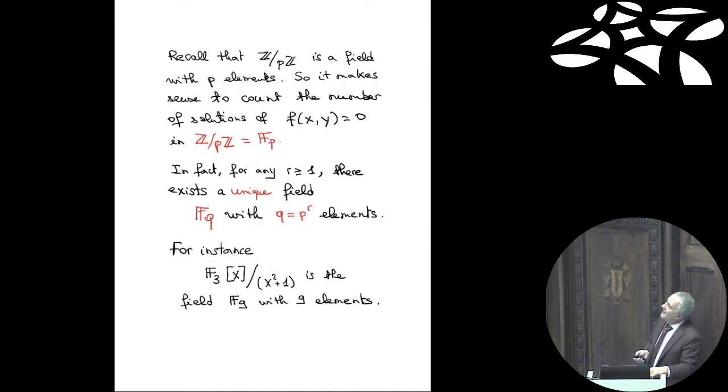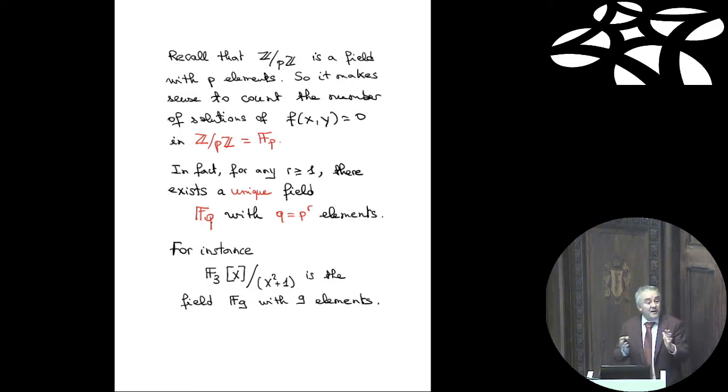And so we work modulo p. So this is Z modulo p. Its algebraic structure is that of a field, and it's finite. In fact, it has p elements. So it makes sense to count the number of solutions of this equation viewed as an equation in this field.